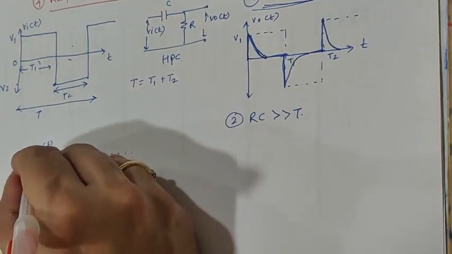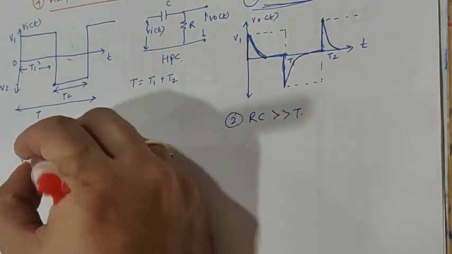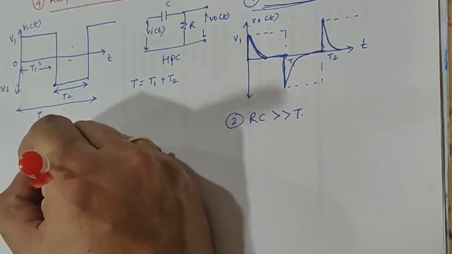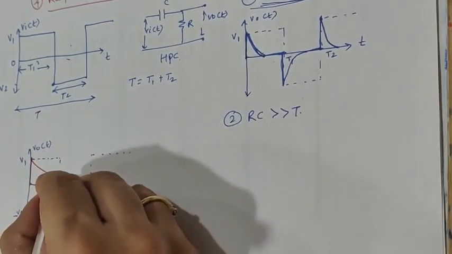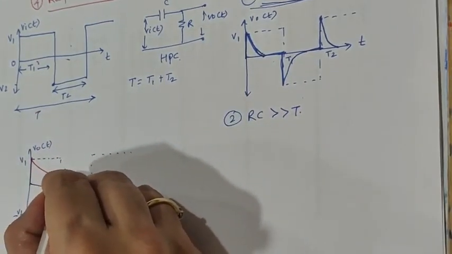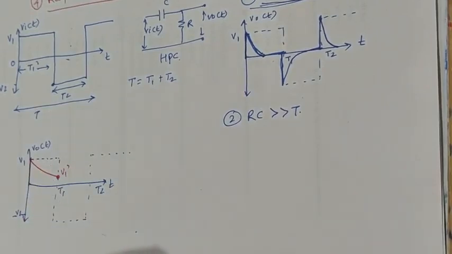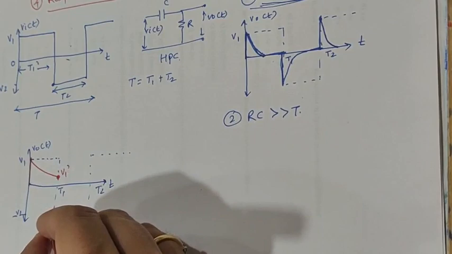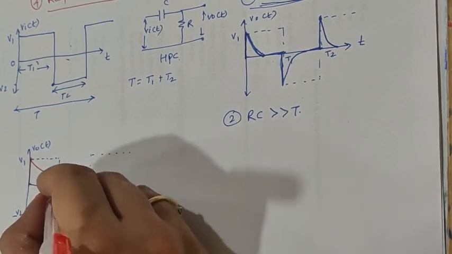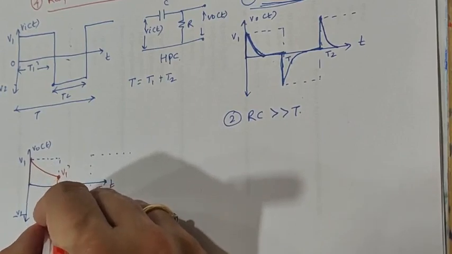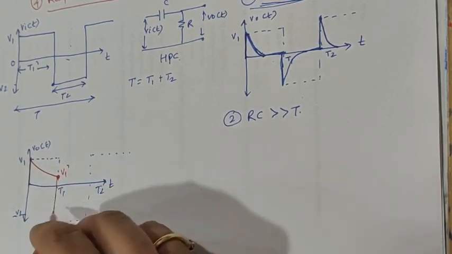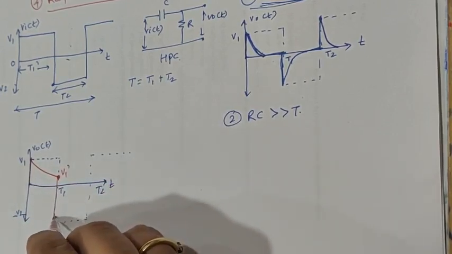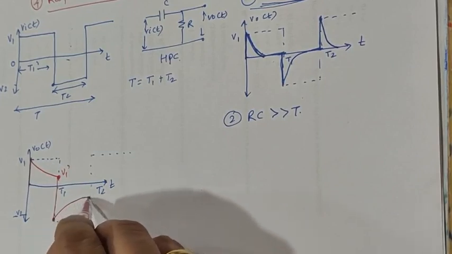So at this point the output is going to be V1, and from V1 it is going to fall to this point. Let me call this point V1 dash. From V1 dash the input is now falling to minus V2, so now the output is going to be till minus V2, and from minus V2 again the exponential decay, or the capacitor discharge, that we have already seen.